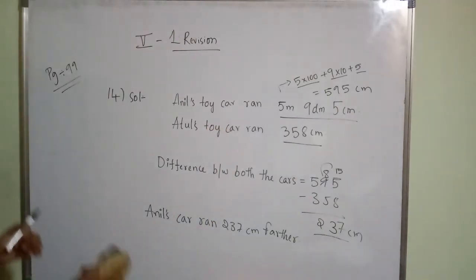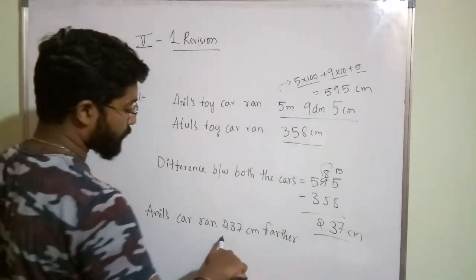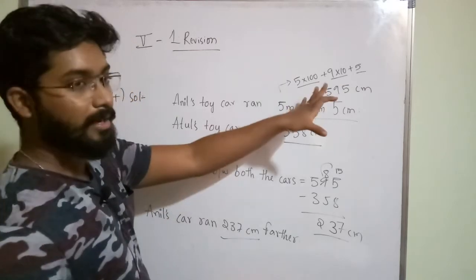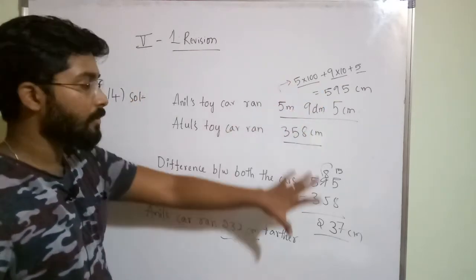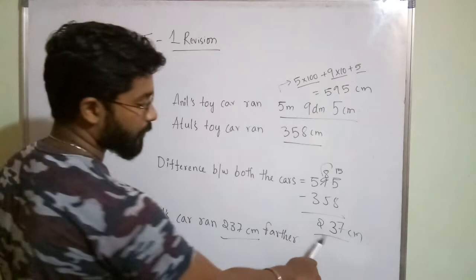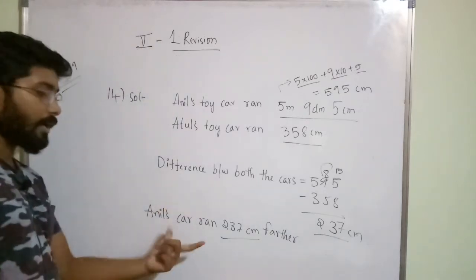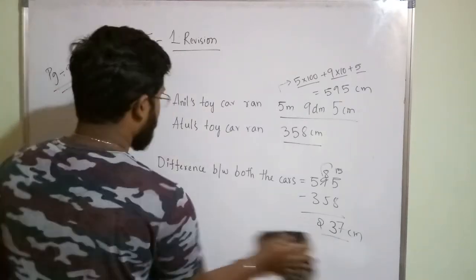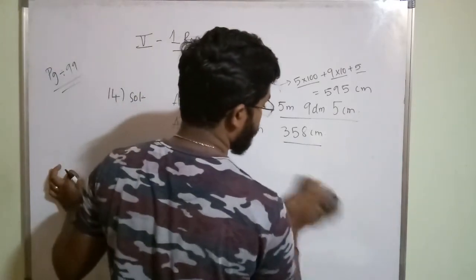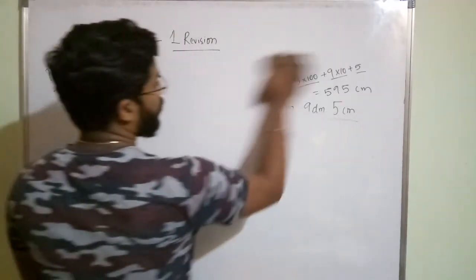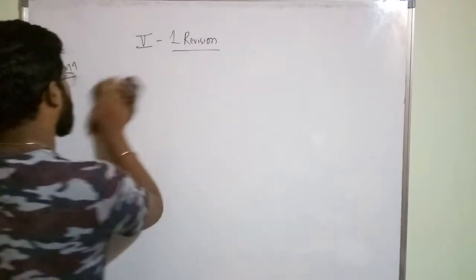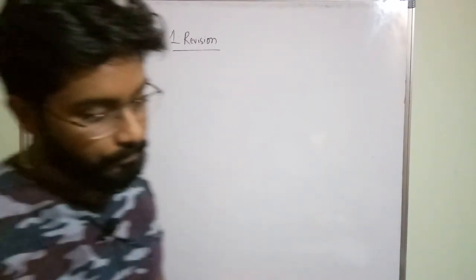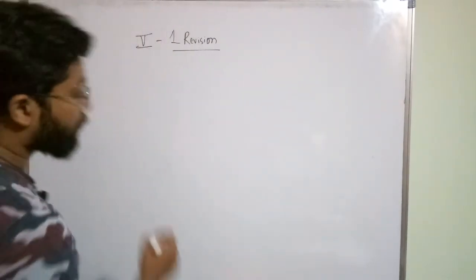Okay, so like that you have to understand. So this is the answer. How to do it? You have to convert, both the units should be the same, then you have to subtract. So this will be the farther difference between Anil's car and Atul's car. Okay, like this you have to do the solution. Understand it clearly. Okay, so what is the 15th question?